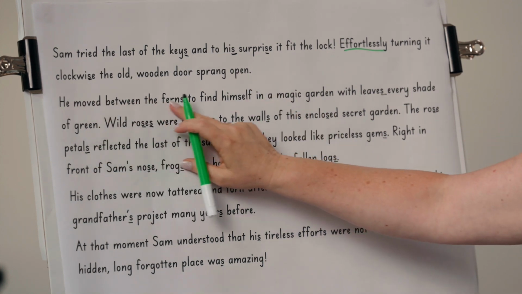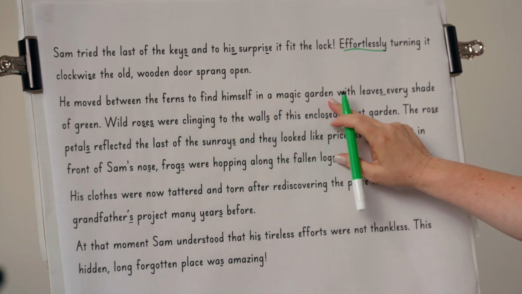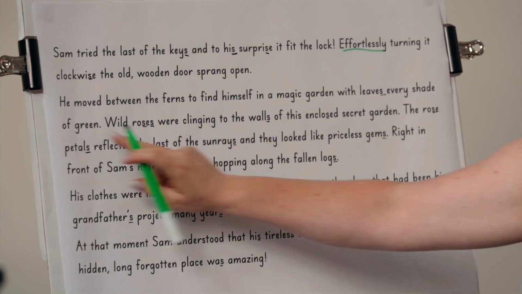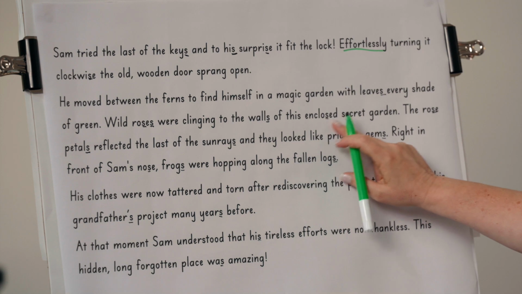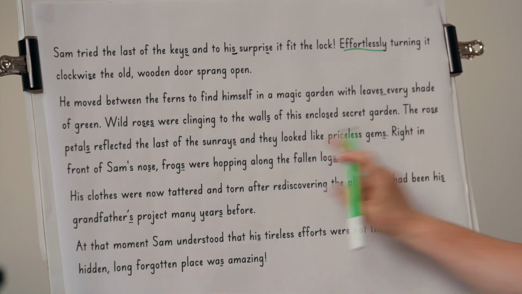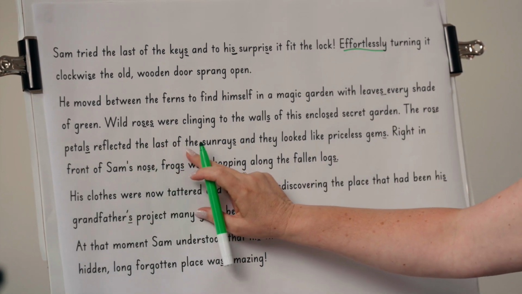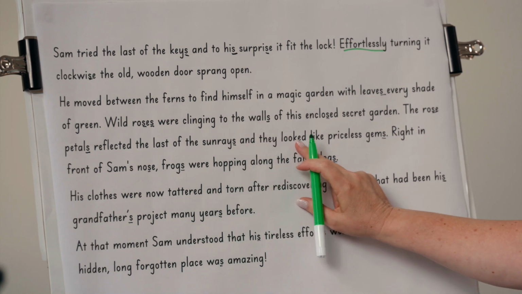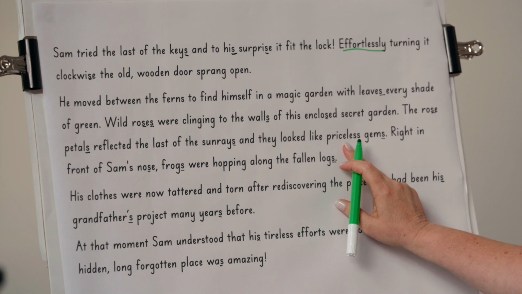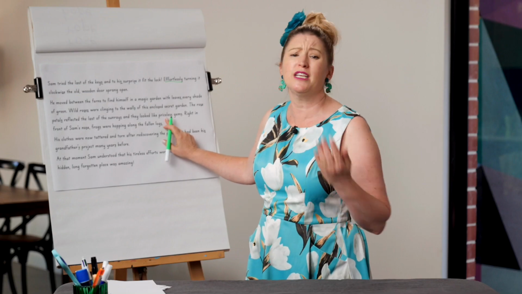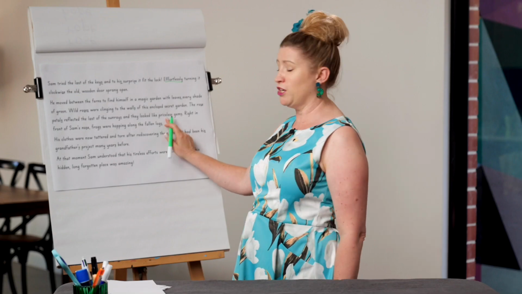He moved between the ferns to find himself in a magic garden with leaves every shade of green. Wild roses were clinging to the walls of this enclosed secret garden. The rose petals reflected the last of the sun's rays and they looked like priceless gems. Priceless. You can't put a price on them. They're without price. They are so expensive that you couldn't buy them even if you wanted to.